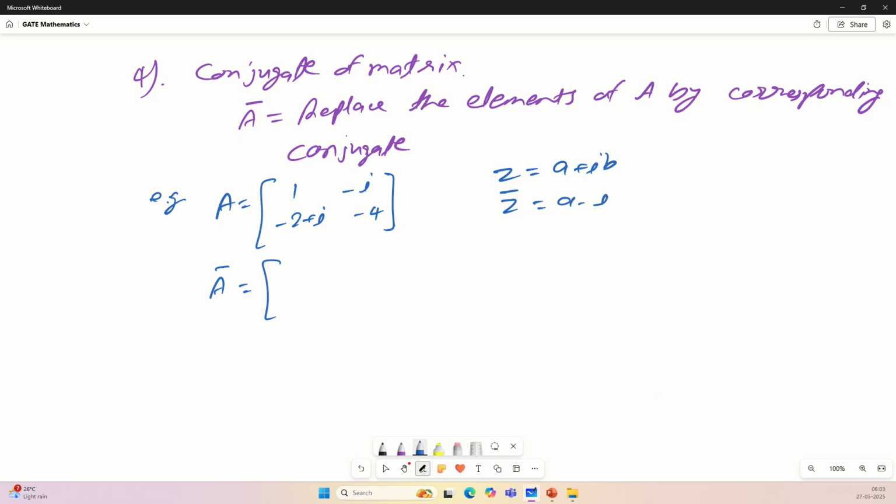That will be A minus iB. Or for example, let us say Z is equal to 3 plus 2i. Then Z conjugate will be 3 minus 2i. Your aim is to understand how to find the conjugate of a complex number. So it is very simple. The real number 1 will remain as it is, minus i will become plus i, minus 2 plus i will become minus 2 minus i, and 4 will remain as it is. So this is the conjugate of the matrix.